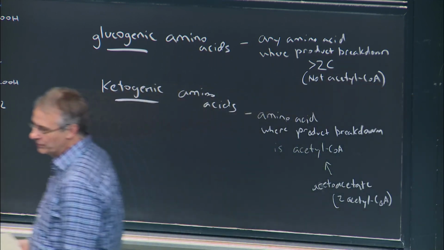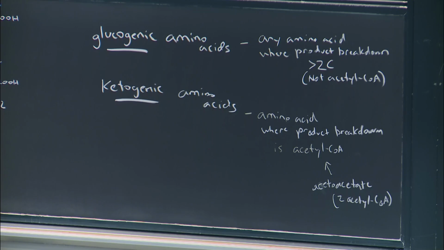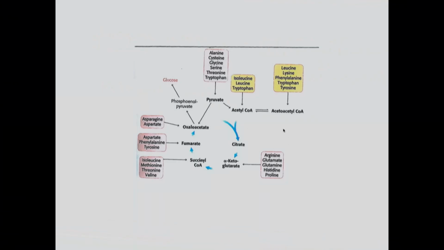Now, if we come back over here to our slide and you look at the various amino acids, most of the amino acids are turned into something that can be turned into glucose. And so most amino acids are so-called glucogenic. However, there are a few amino acids that are ketogenic, and there are some amino acids that are both glucogenic and ketogenic.